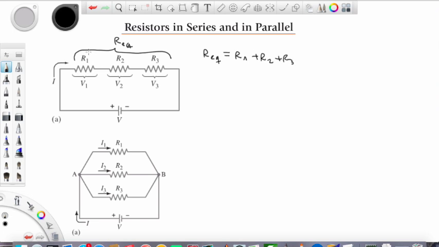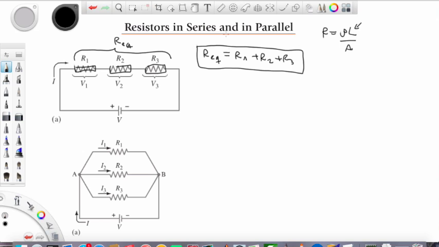This is pretty intuitive, so if this is one resistor and then we have another one here and a third one here, and this has length L, so if we add all three one after another, the length becomes 3L, which means that the resistance increases when this L increases. So in series, we just add them all together.